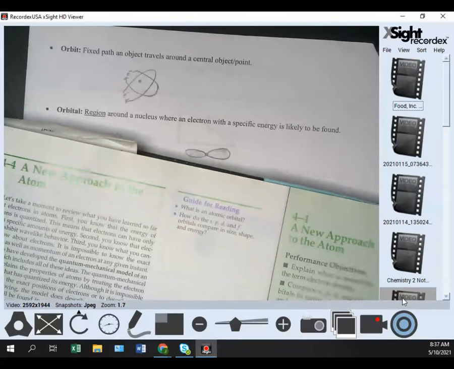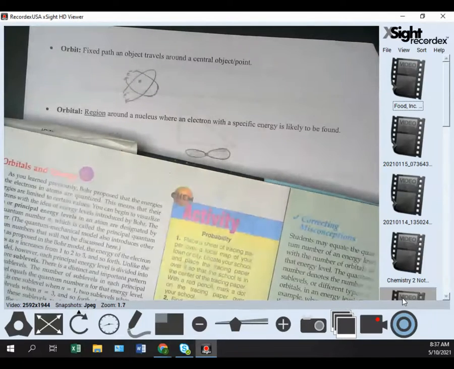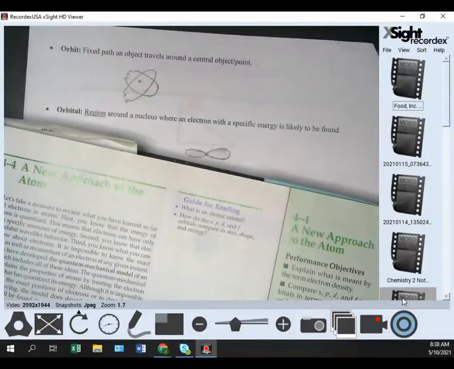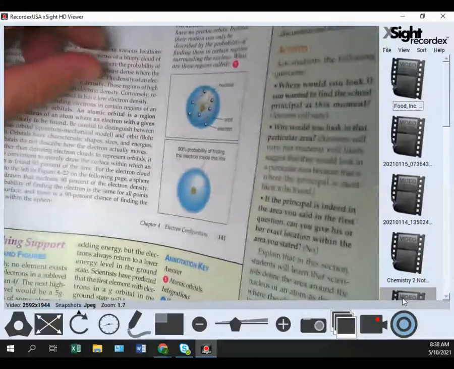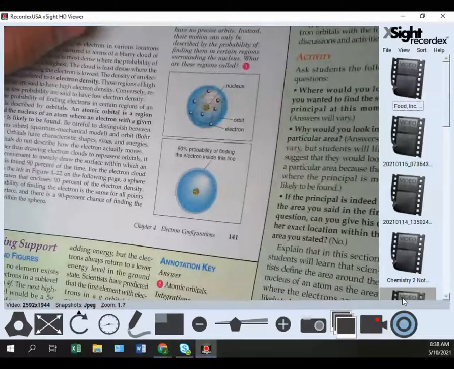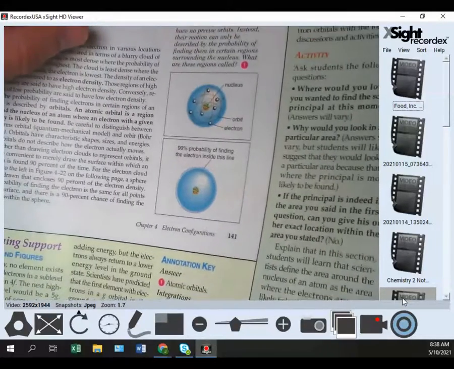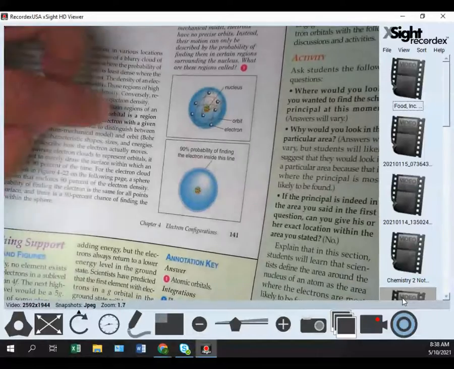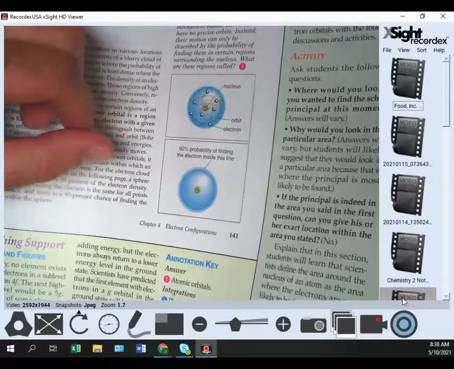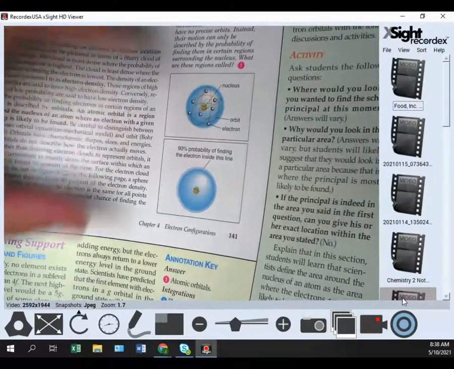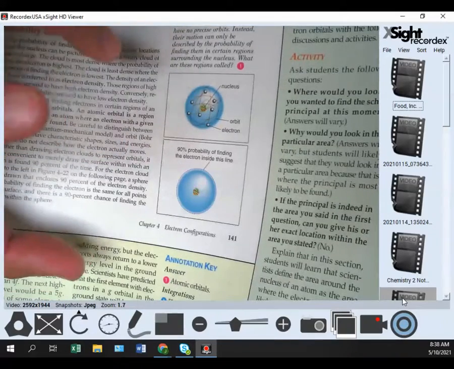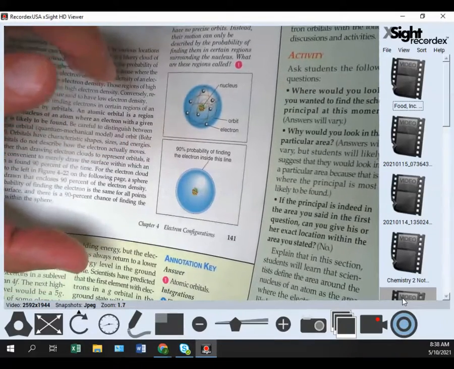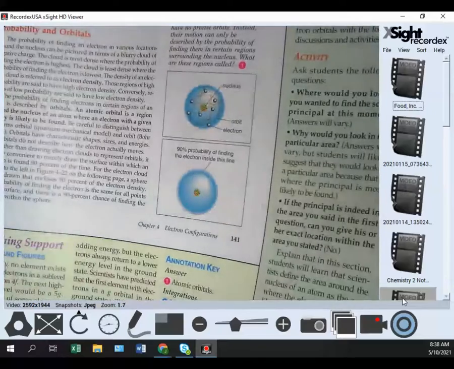So this quantum mechanical model is something like this. It's basically an idea of you've got the nucleus with the protons and the neutrons, and the electrons are somewhere outside of that in electron clouds, or what we call now orbitals.